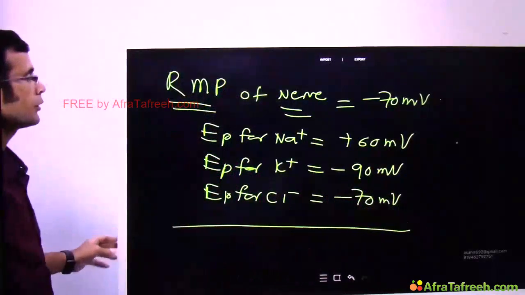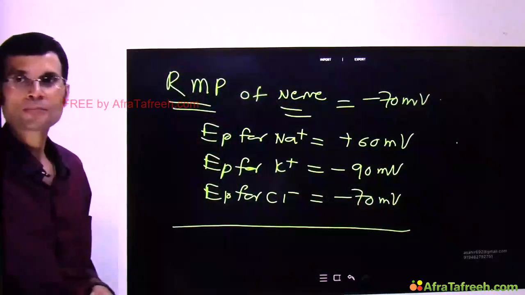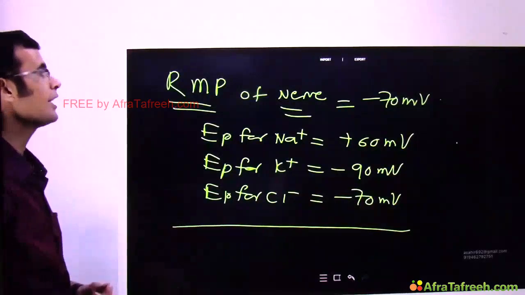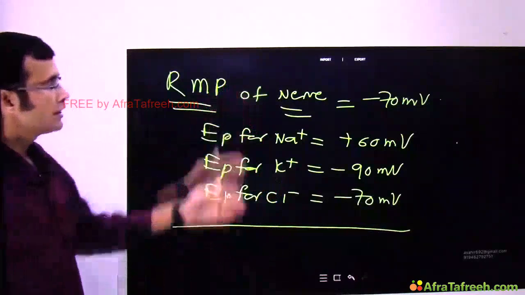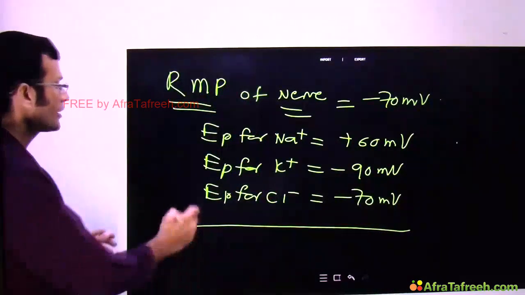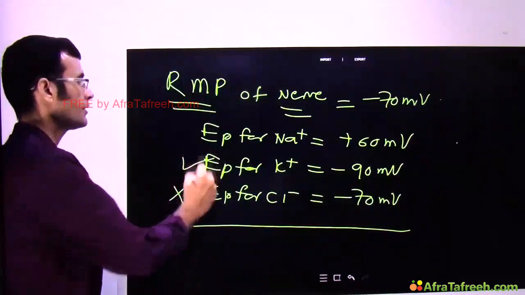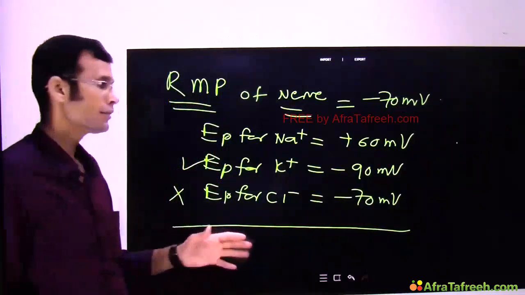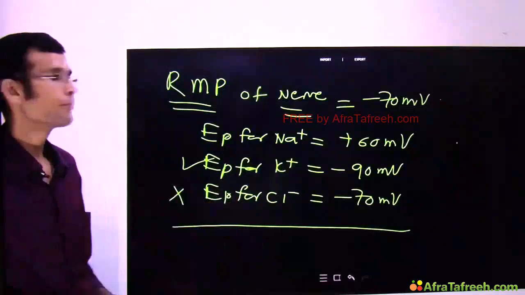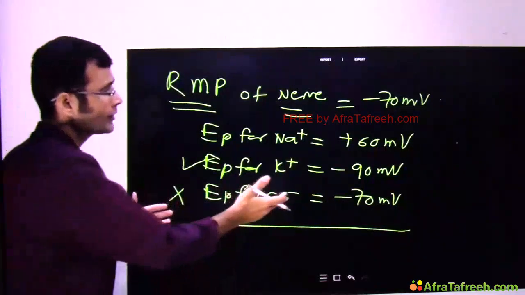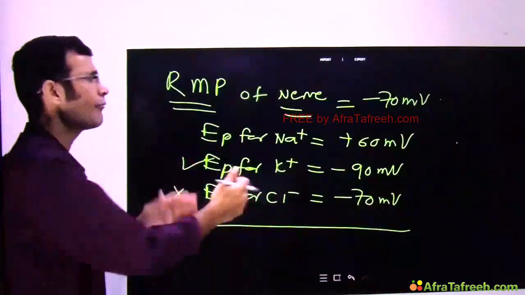So now if I were to ask you the MCQ again, equilibrium potential for which ion is closest to the RMP of a nerve, this time the answer would not be chloride, this time the answer should be potassium. Although the principle remains the same for muscle and nerve, now the value is not close, it is the same value.